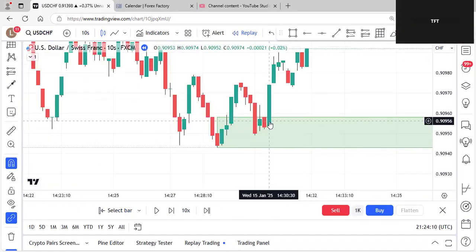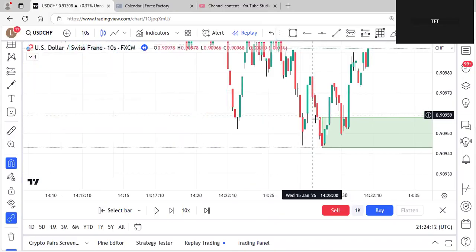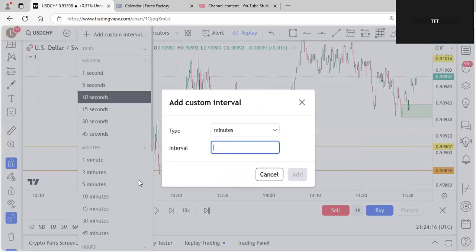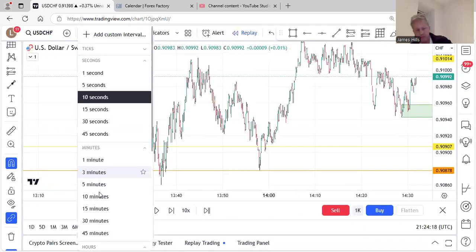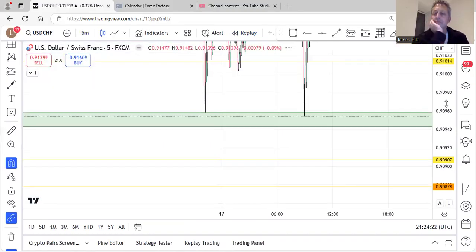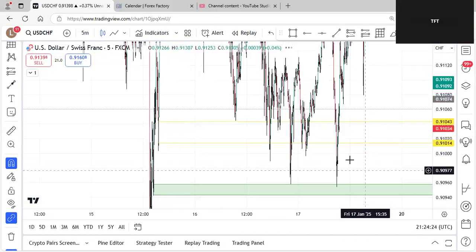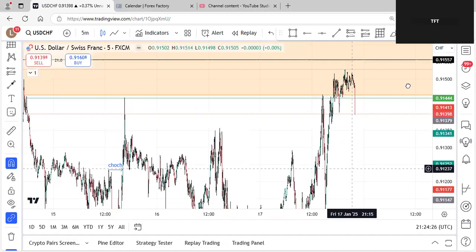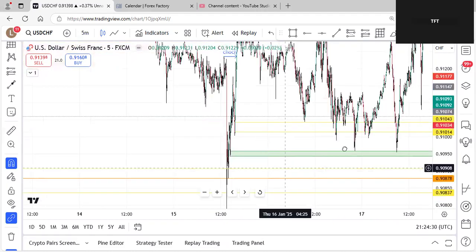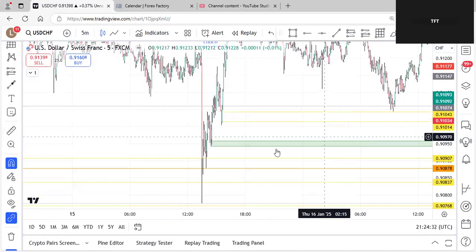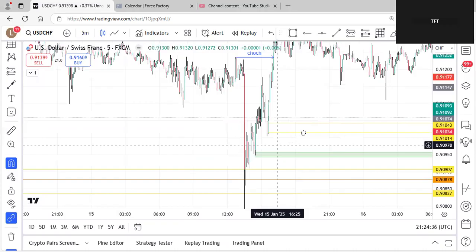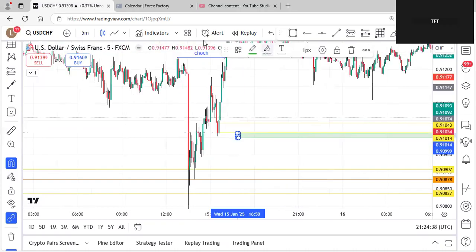So pretty much half 2 on the dot. You just see it taps it lovely and has been moving up since, which would have been Friday morning. Yeah. So yeah, I mean, that's that basically, but didn't do that either.